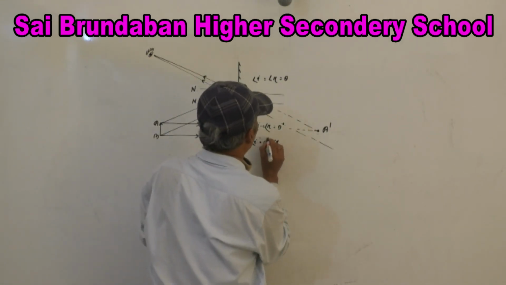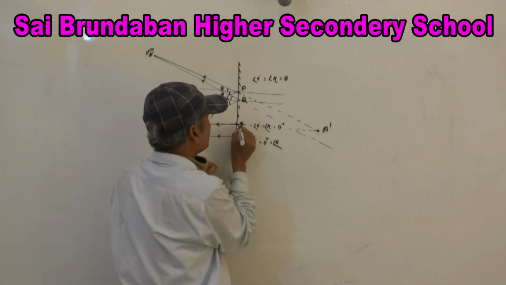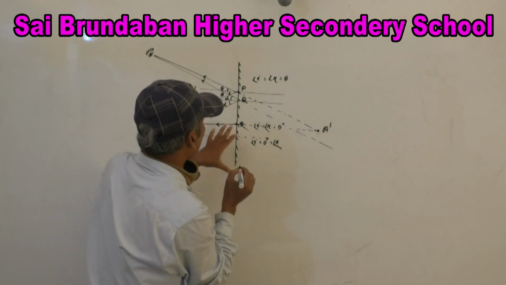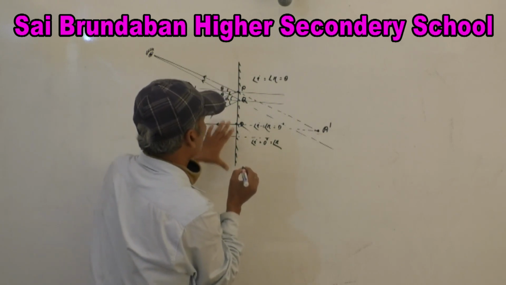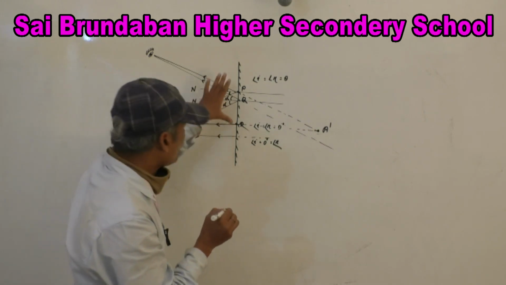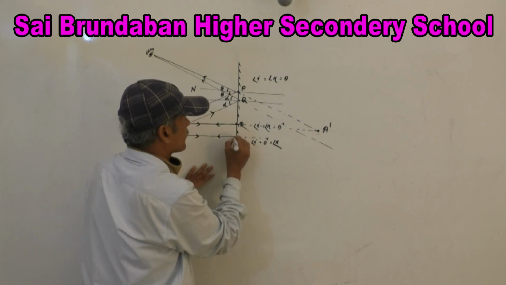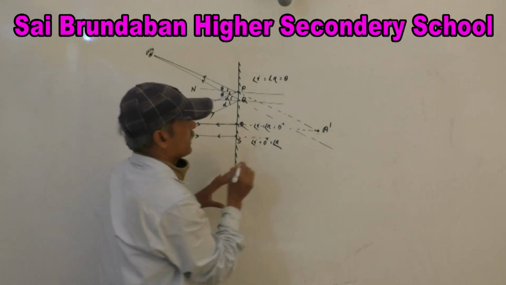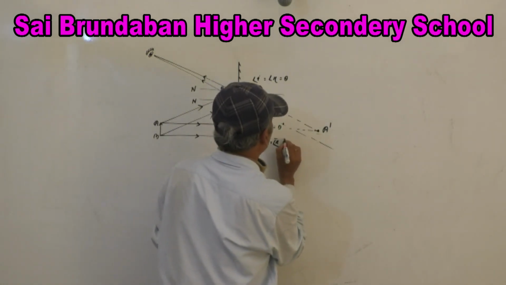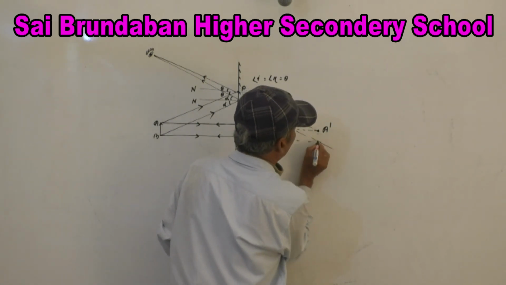Take this point, this is P, Q, this is R, S. These are 4 points of incidence, because 4 lines of incidence. This point is S. You just go on extending, and it intersects here.